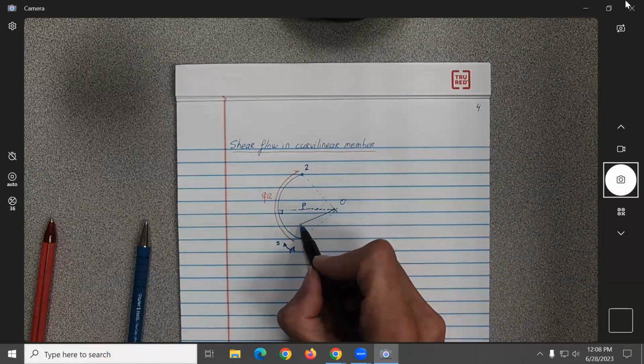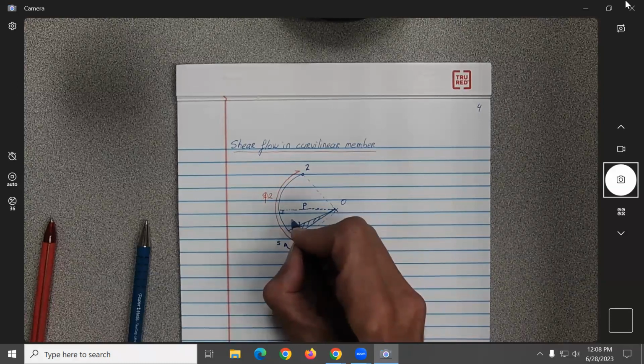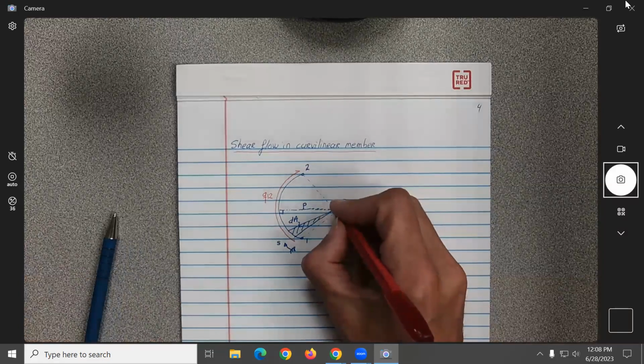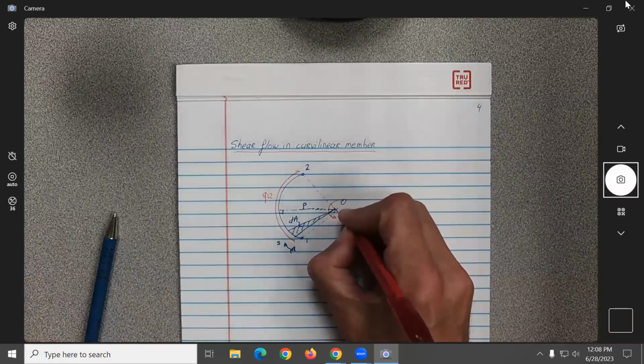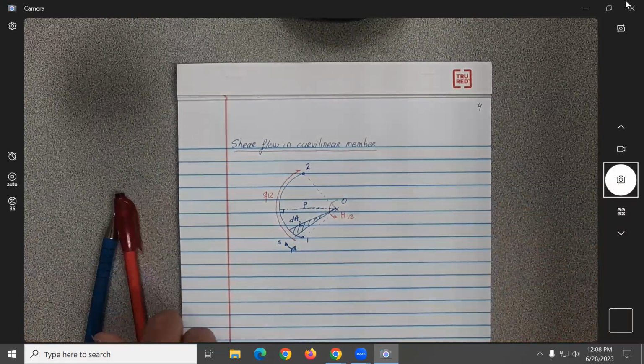Then here will be an element; we need to find the area element, so let's call it dA. And obviously something needs to create this, so let me put a moment over here. Let's call it M12.